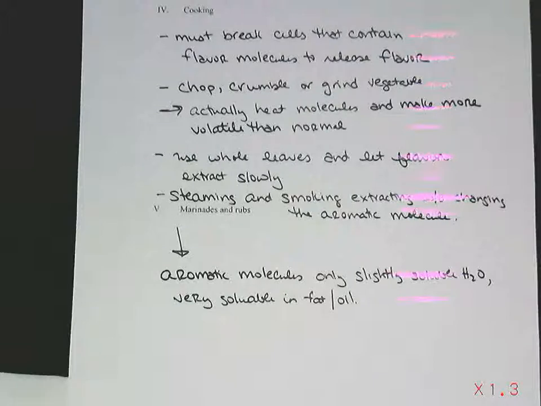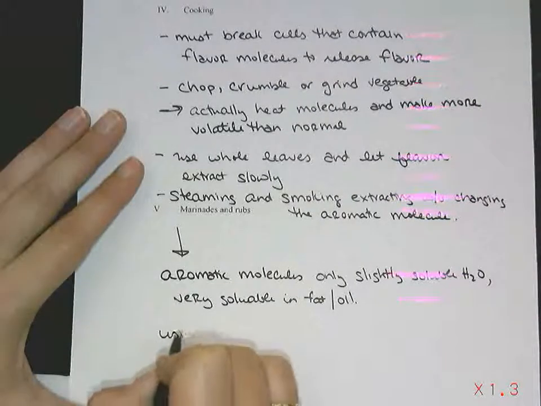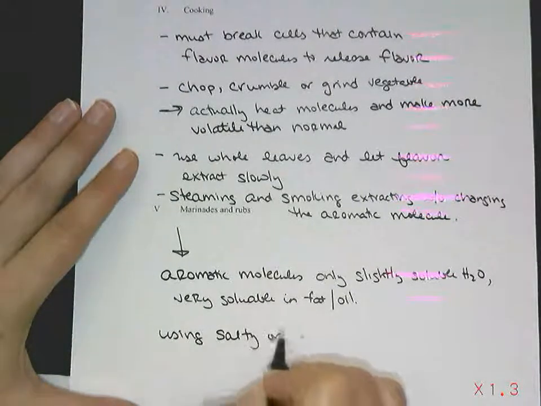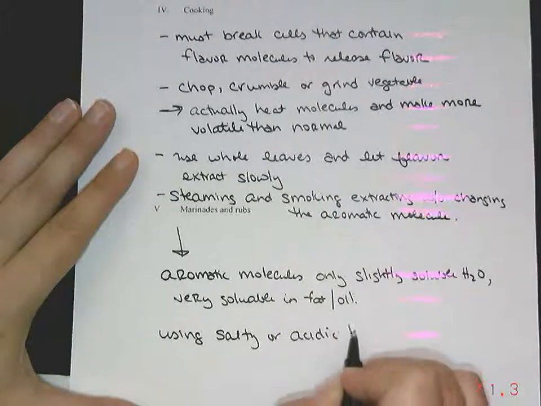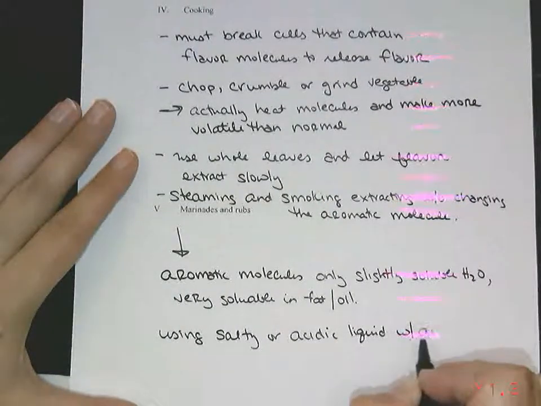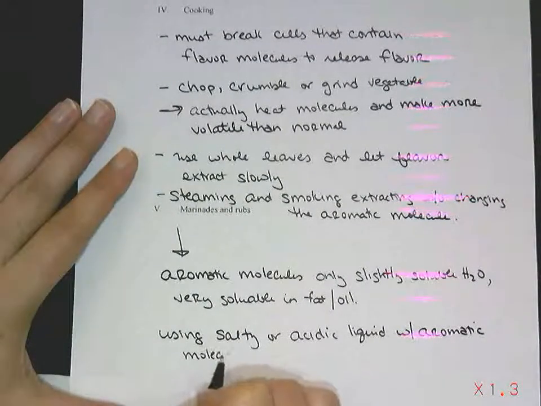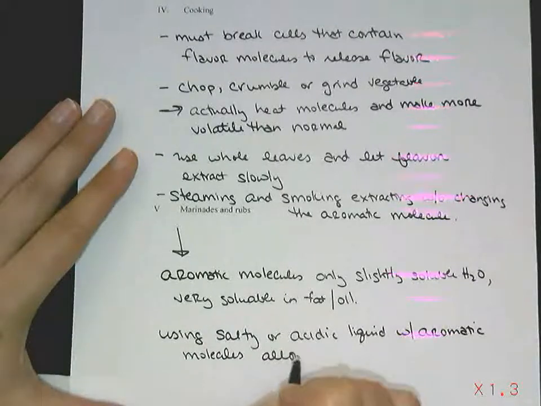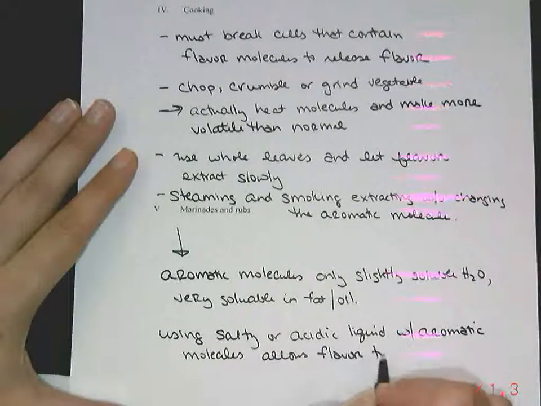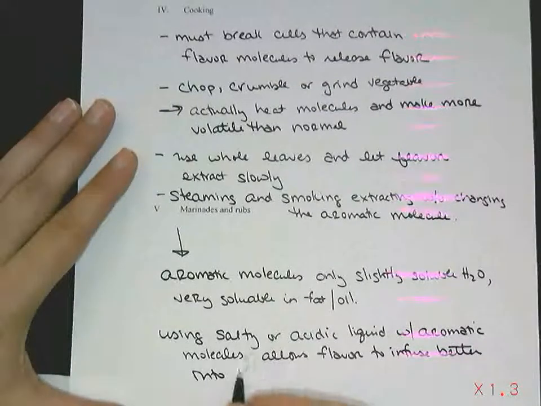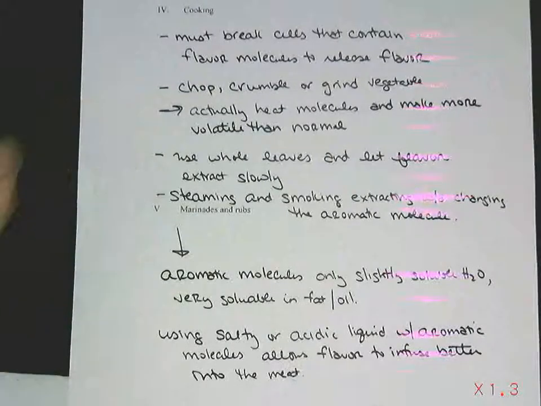And so using a salty or acidic liquid with the aromatic molecules in it allows flavor to infuse better into the meat. So the salty and acidic liquids start to denature the proteins in the meat, which then allow the aromatic molecules to enter into the meat better.